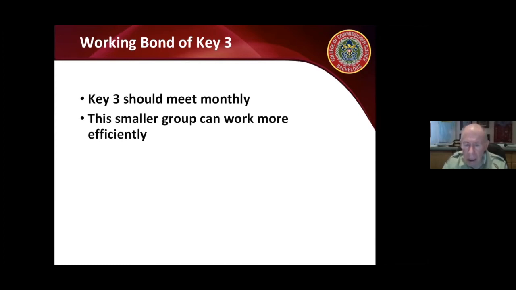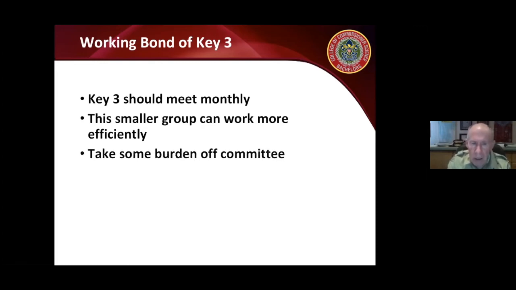Because if we have a large committee, a large unit, this smaller group of the key three can work more efficiently and then take their suggestions, their decisions to the larger committee, and they know where they're coming from and what they're trying to effectively present to the rest of the committee.